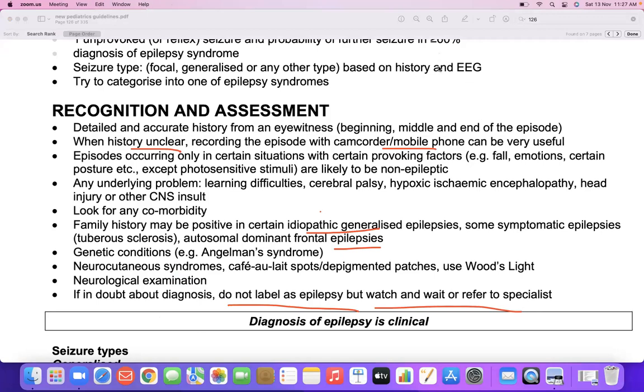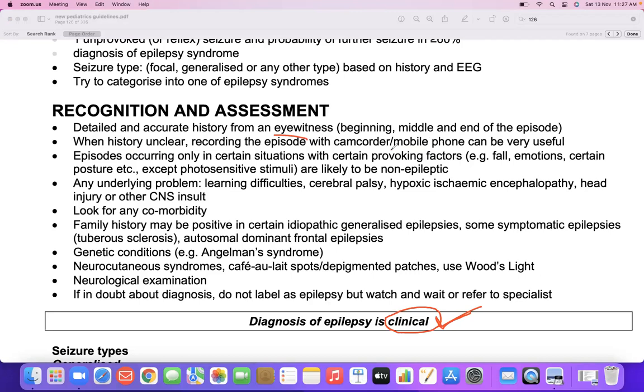So here he has clearly given that the diagnosis of epilepsy is clinical. If anyone asks you the question, how do you diagnose epilepsy? Just say clinical. By your history, what the mother gives, and if it is very clearly described, yes, you can consider it.